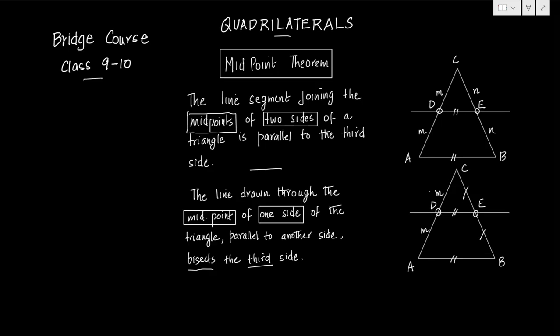So this is the midpoint, and this line is parallel to this line. Then CE is equal to BE. So this line is bisected, and that is what the converse of the midpoint theorem says.